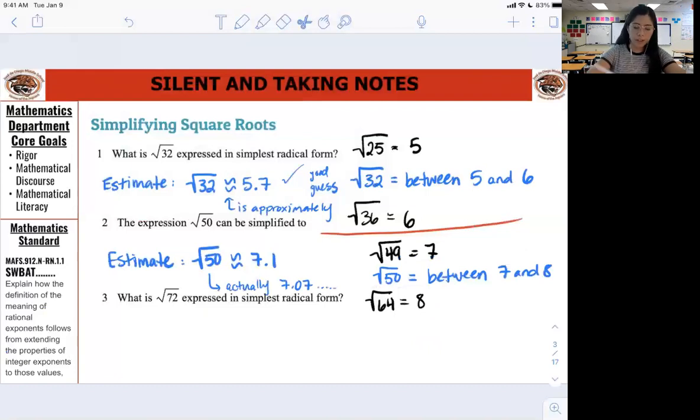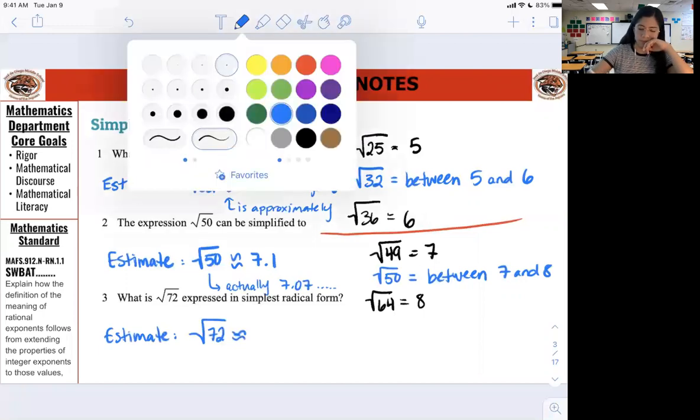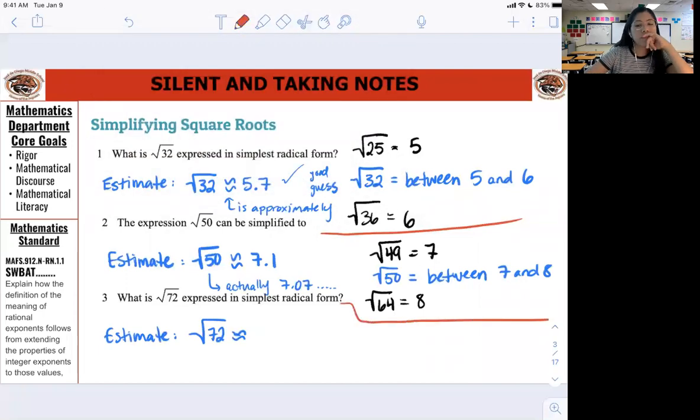So I want you guys to try number 3. Go ahead and estimate the square root of 72. Okay, hopefully you have a rough estimate.